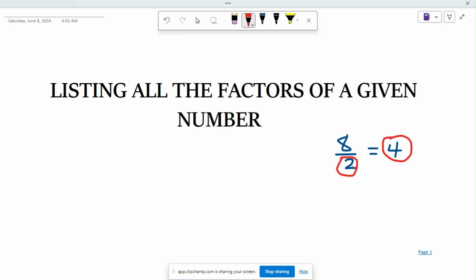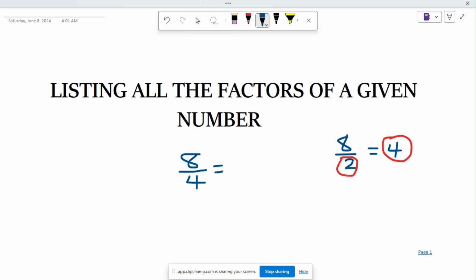So then I also said that as long as we got a whole number as our outcome, that whole number is also automatically a factor of this first number, that is 8, the numerator. That is, if you have 8 and you divide 8 by 4, your outcome will be 2.